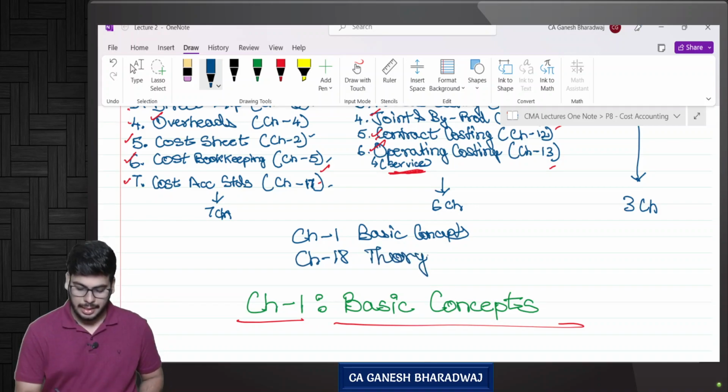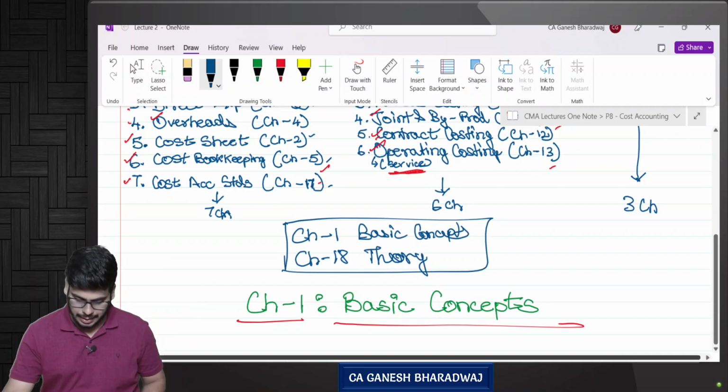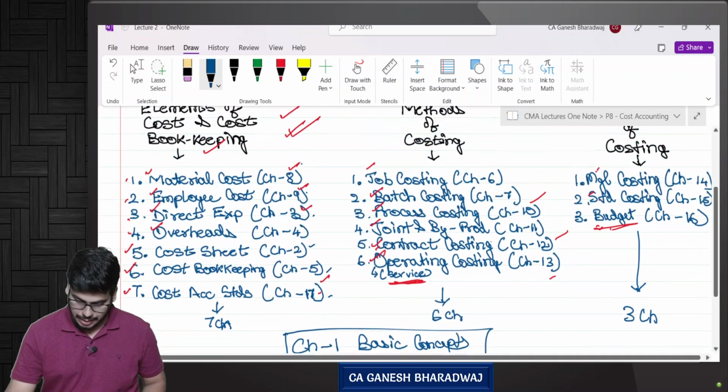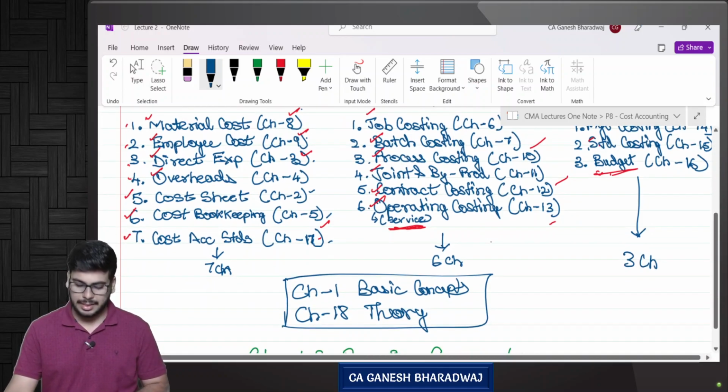These two chapters are apart from whatever has been classified above. So please have that in your mind. Don't think that some chapters are missing. 16 chapters covered above plus these two chapters, the first and the last chapter.